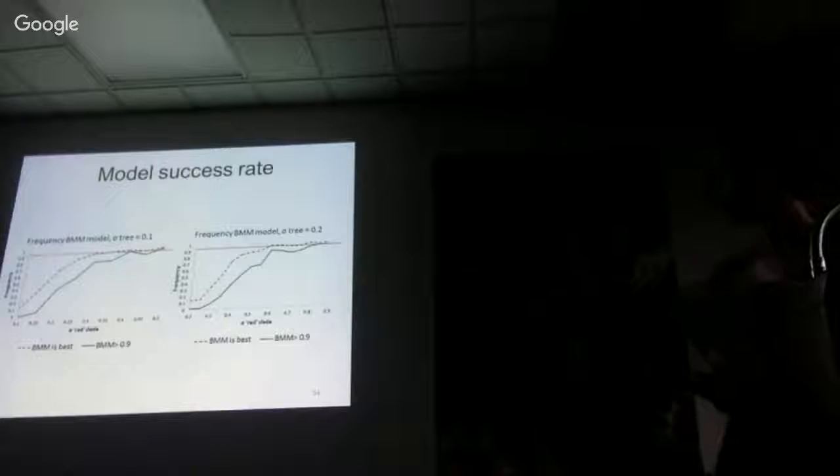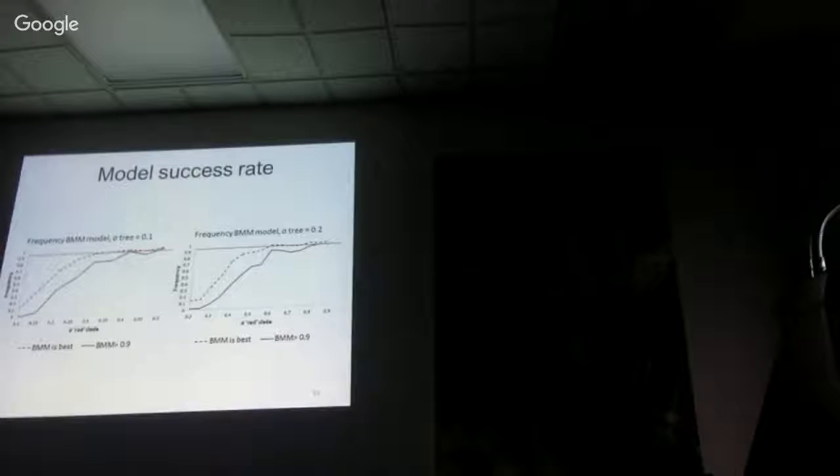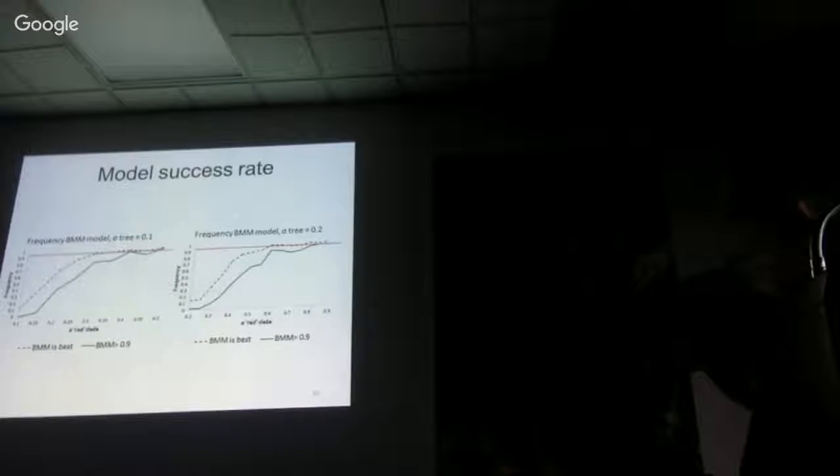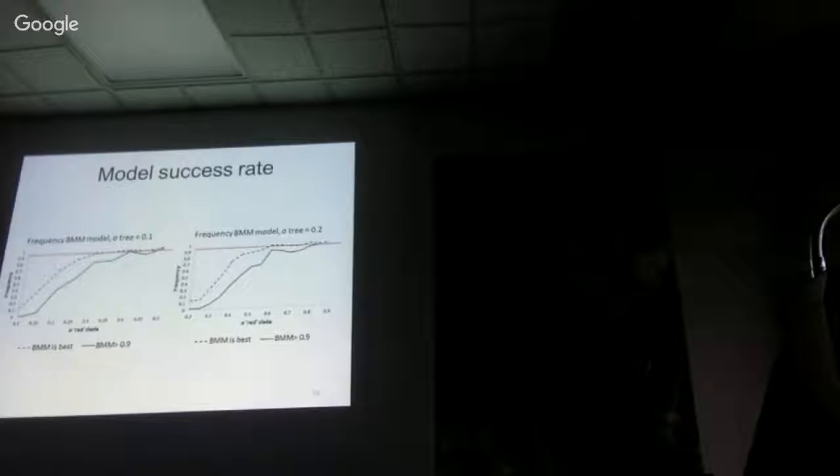In order for the BMM model to be the best fit model for over 95% of the time, the sigma value has to be 4 times larger in this red clade than in the rest of the tree. So we see on the left it is 0.4 and on the right it is 0.8.